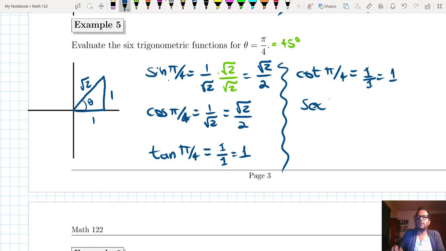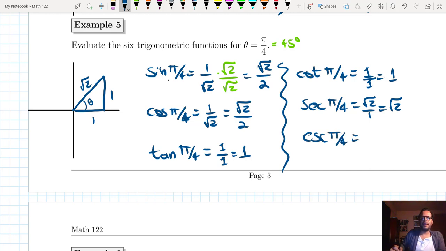Secant pi over 4, which is the reciprocal of cosine, or hypotenuse over adjacent, which is simply root of 2 divided by 1, which is root of 2. And cosecant, last but not least, cosecant pi over 4. That is hypotenuse over opposite, which is exactly the same as secant in this case, right? So that's root of 2. I'm just going to write root of 2. Okay, same.